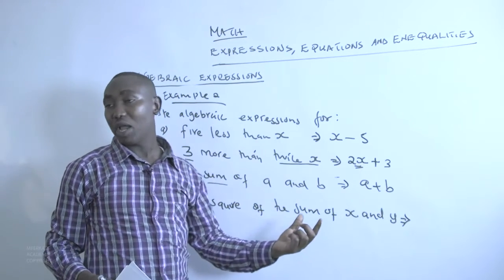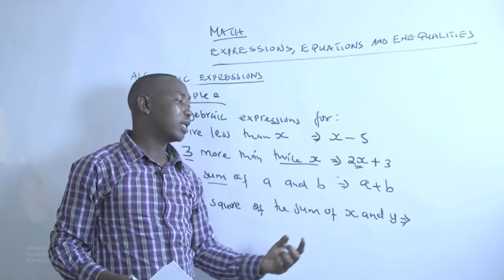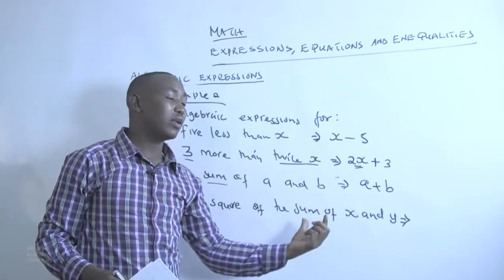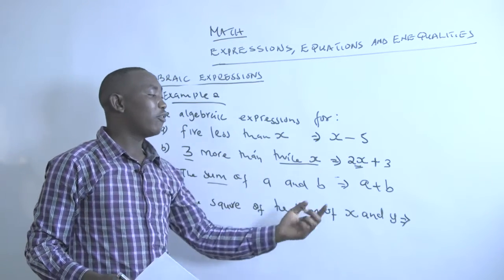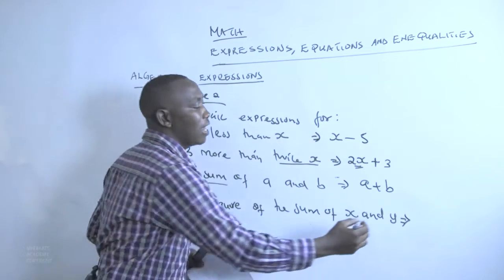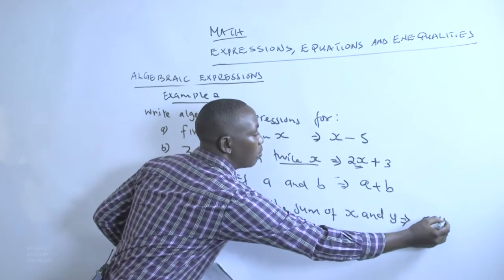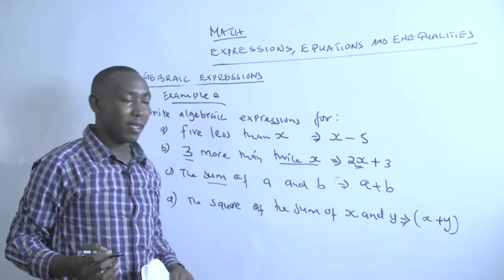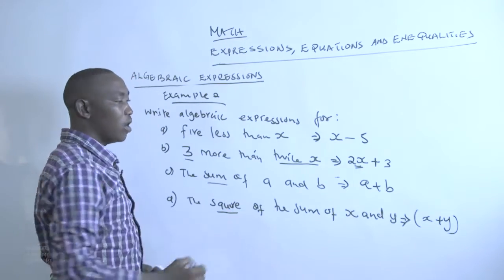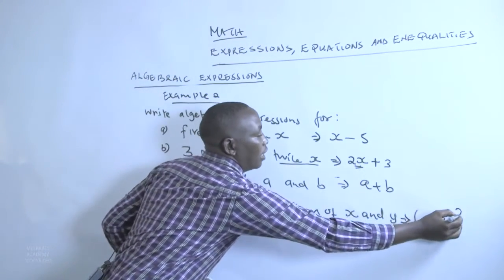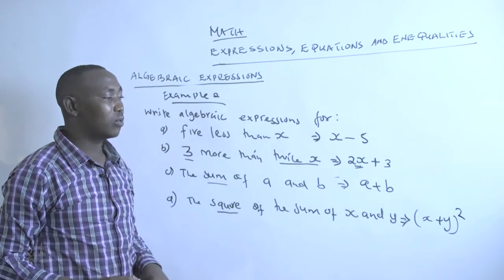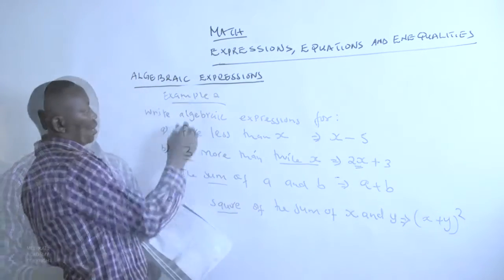That means we first need to come up with the expression for the sum of x and y, and then we finally square it. So the sum of x and y means we add x plus y, and then to finalize, we square the sum of x and y. It will yield (x plus y) squared.